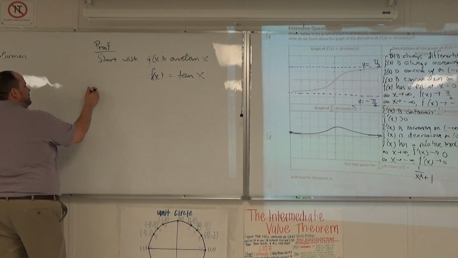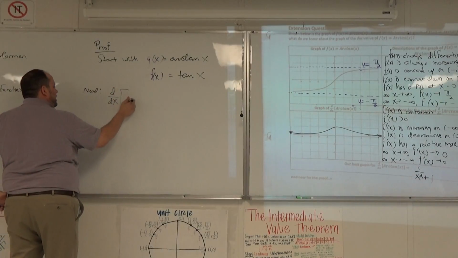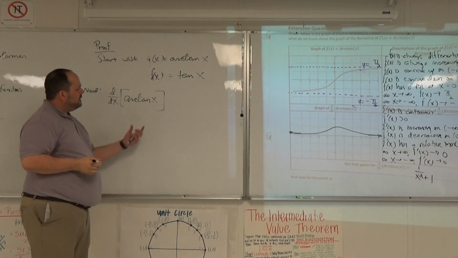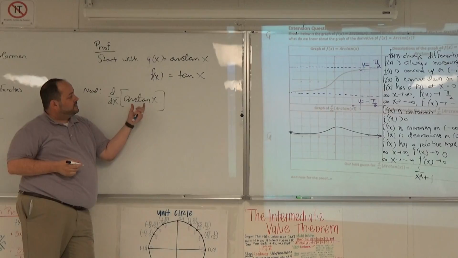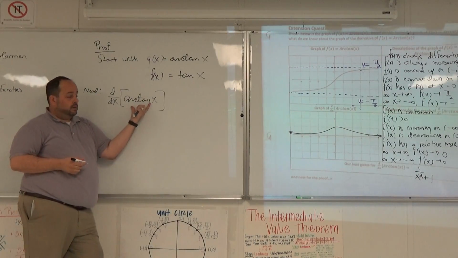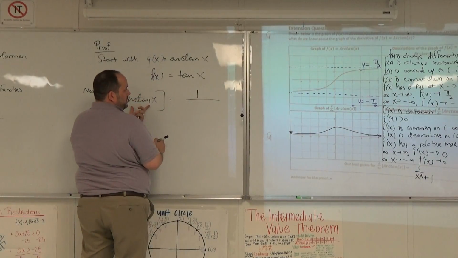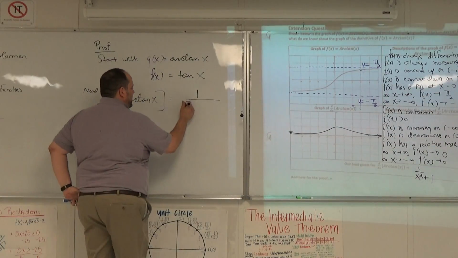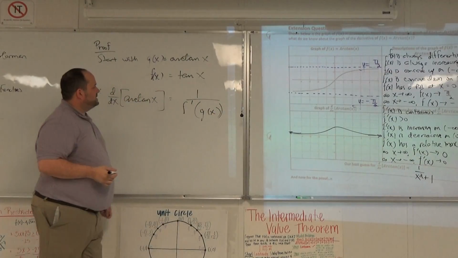What I'm after, I need the derivative of arctan of x. My new derivative rule for working with inverses says to do what? If this is g, it equals 1 over f prime of g of x.